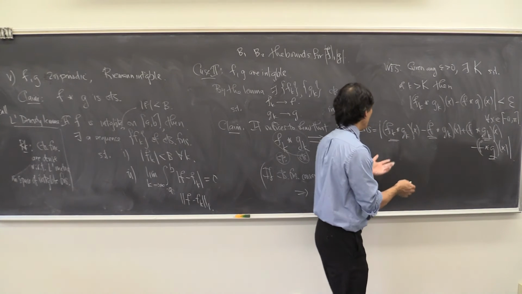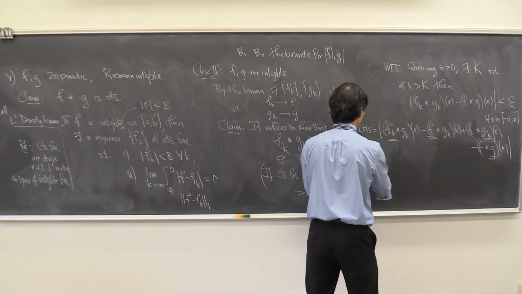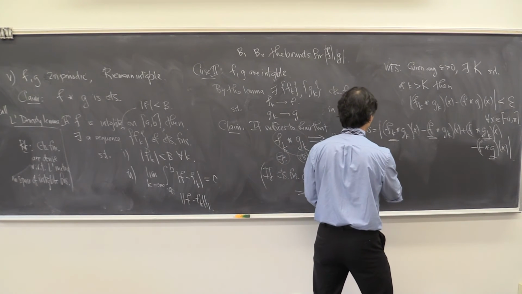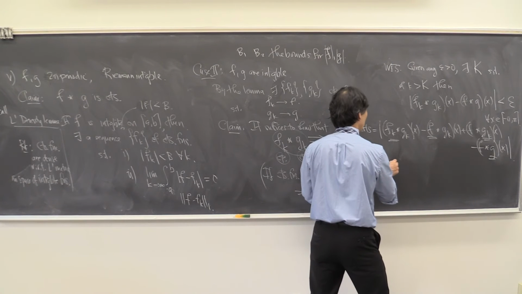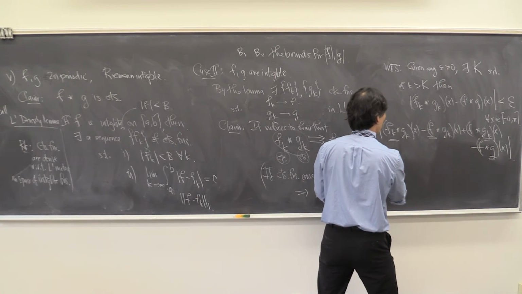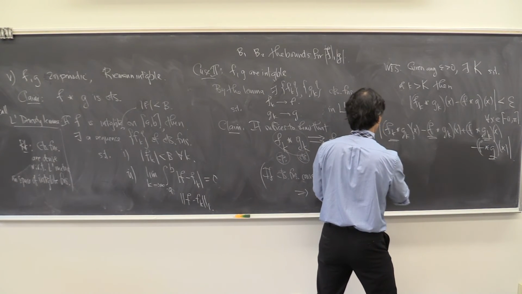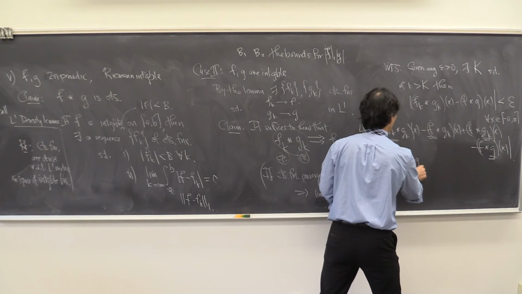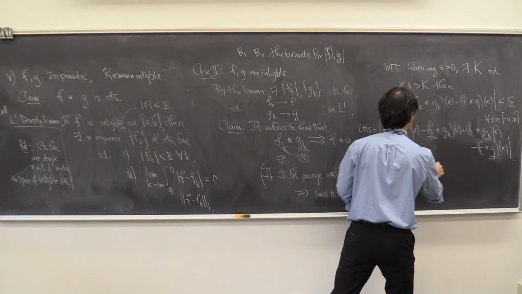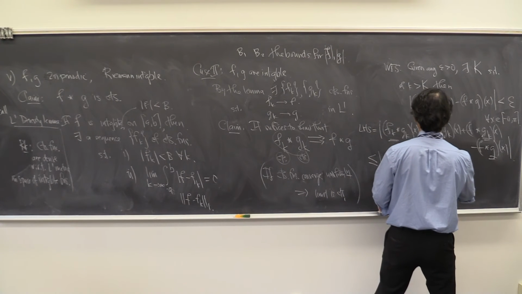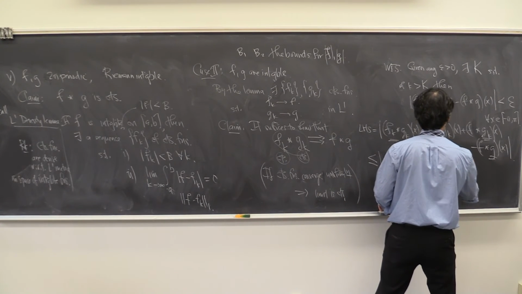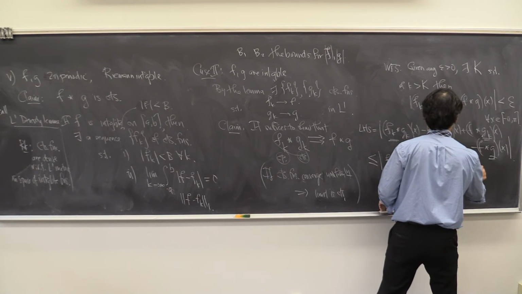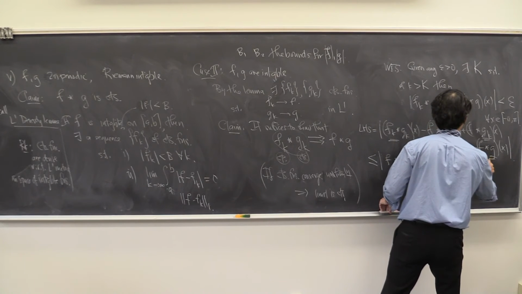So let's split it up into pieces. Again, by the triangle inequality, this is controlled by f convolved with gk minus g at x, plus fk minus f convolved with gk at x.